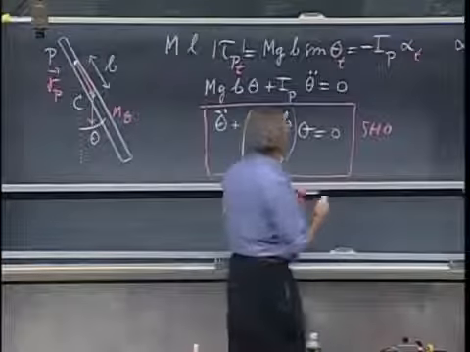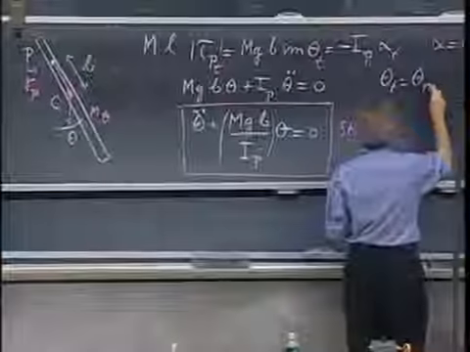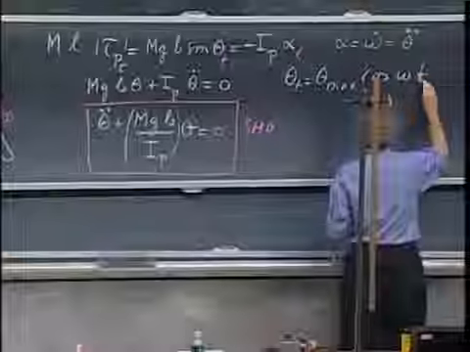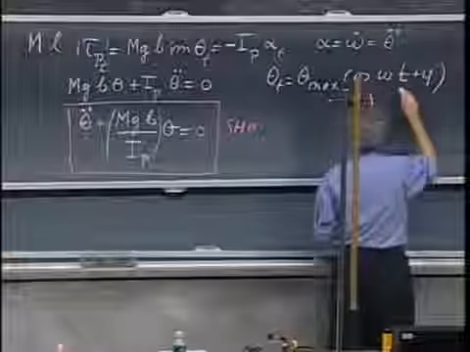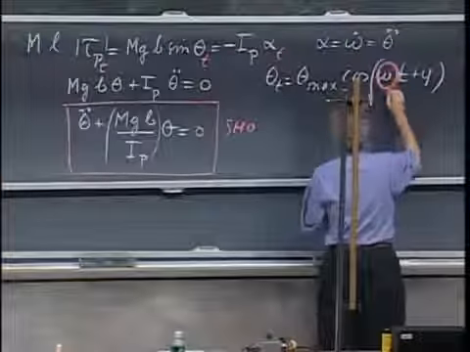And the solution must be that theta in time must be some maximum angle times the cosine of omega t plus phi. This omega has nothing to do with that omega. This is angular velocity, and this is angular frequency. This will never change. That's related to the period of oscillation.